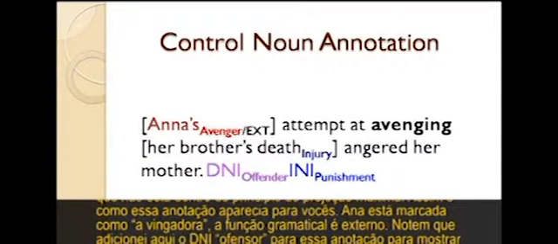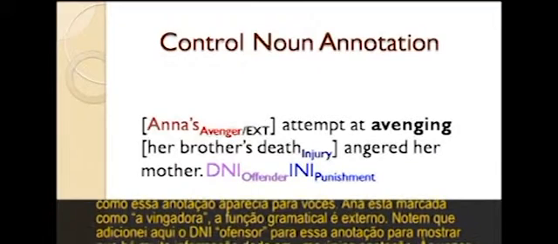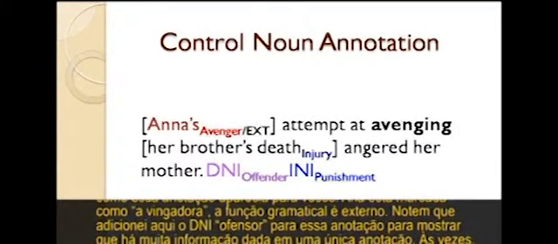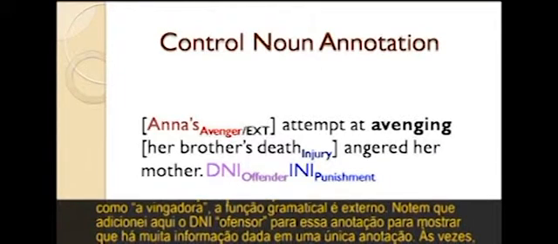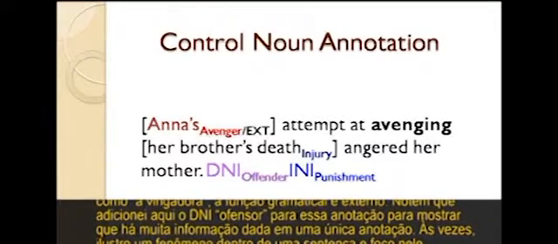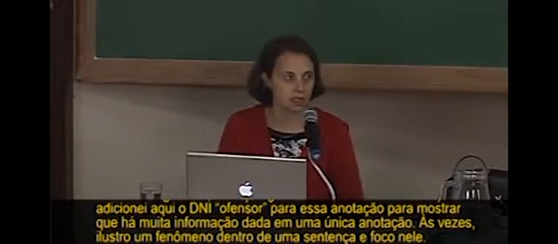Sometimes I illustrate a phenomenon with a sentence and only focus on that phenomenon. And now I've incorporated both information about control and information about null instantiation into this example sentence.